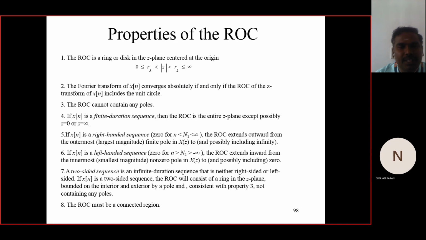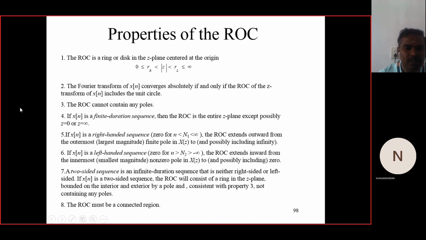If x of n is a finite duration sequence, the ROC is the entire Z plane except possibly 0 or infinity. So if the sequence is a finite sequence, then definitely the ROC is the entire Z plane except the possibility of either 0 or infinity. If x of n is a right-handed sequence, then the ROC extends outwards from the outermost finite pole in x of z, with the possibility of including infinity.